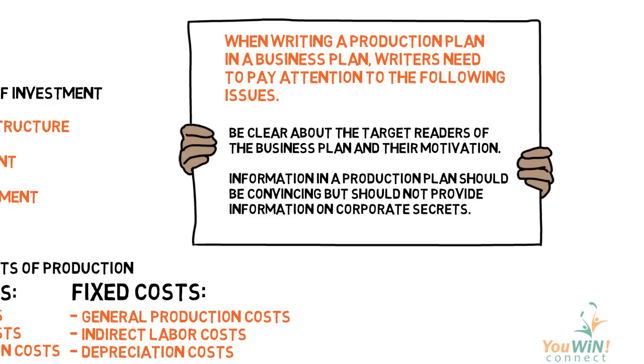Now, if their motivation is simply for investment evaluation, you want to be careful the kind of information that you put in the production plan. If the motivation is that of working with you to either expand or make the production better, then you might need to give a little bit more detail than if it's just for an investment evaluation.